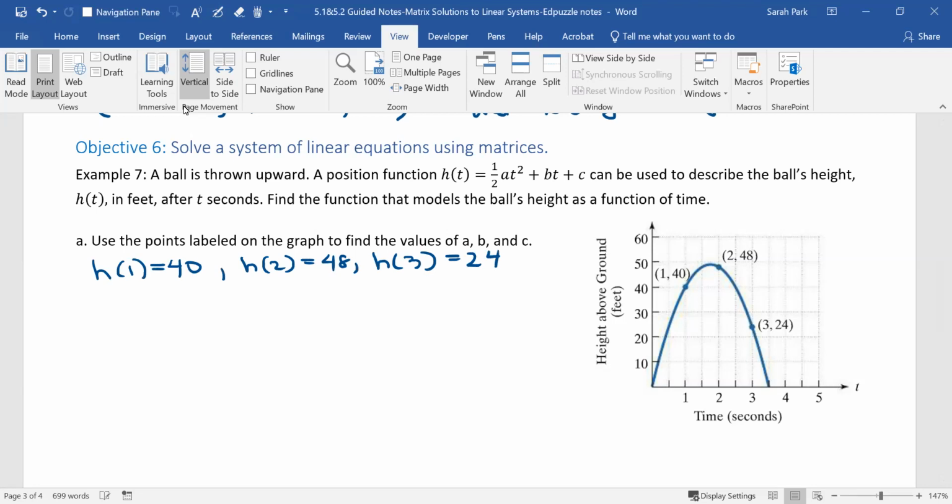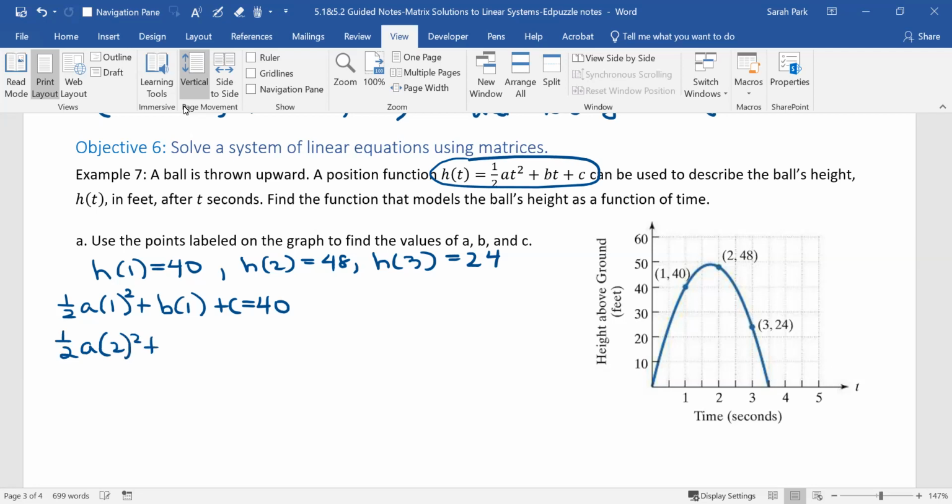The first equation, we can write as 1/2 a, our t value is 1 squared, plus b times 1 plus c is equal to 40. This equation comes from h of t. The second equation, we can write as 1/2 a, 2 squared, plus b of 2 plus c equals 48.